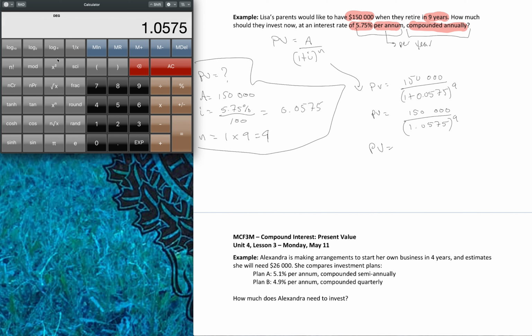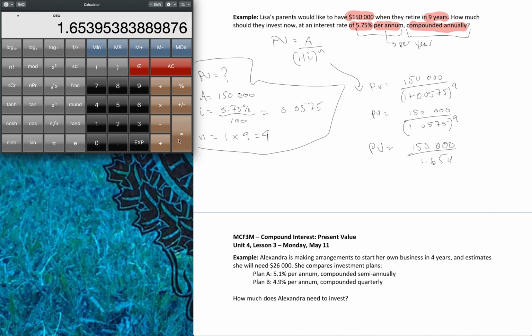It's the first time using this. It's x to the n, to the power of 9, which equals 1.654. So again, it's 150,000 divided by 1.654. We'll put an extra digit there.